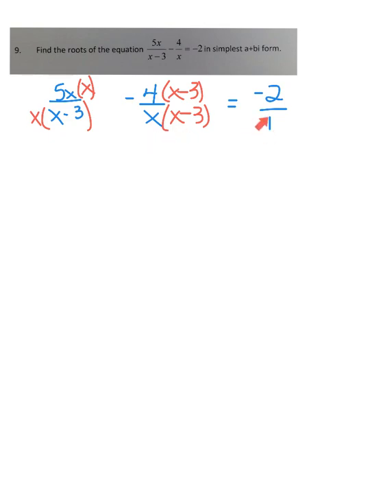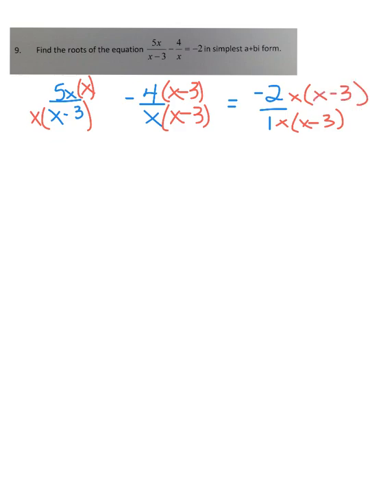But I also want this one to match this one and this one as well. That doesn't have anything, it's just got a 1. So this needs everything. So it needs an x and it needs an x minus 3. Same thing with the numerator. It needs an x and an x minus 3.